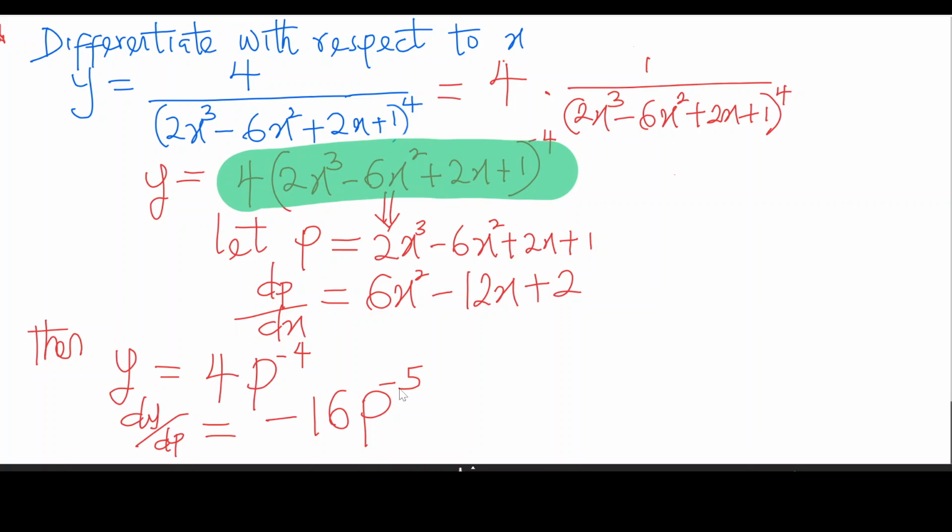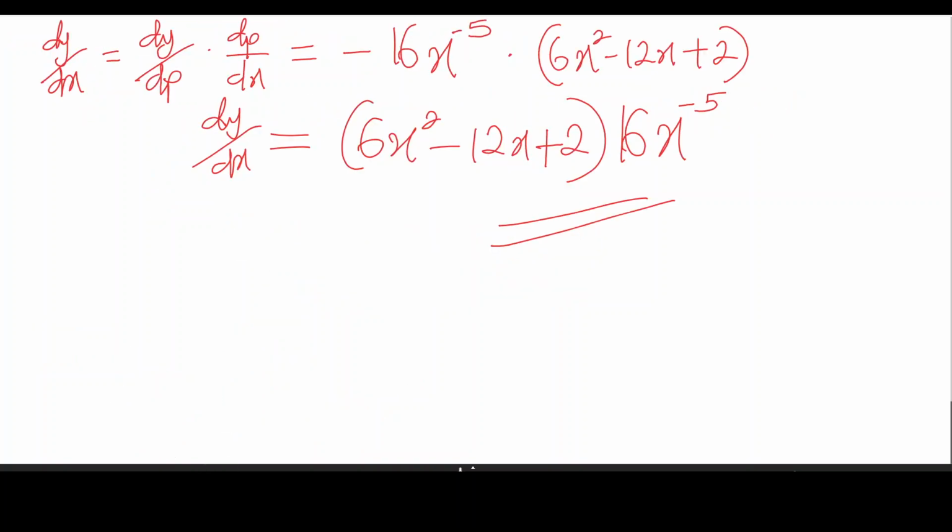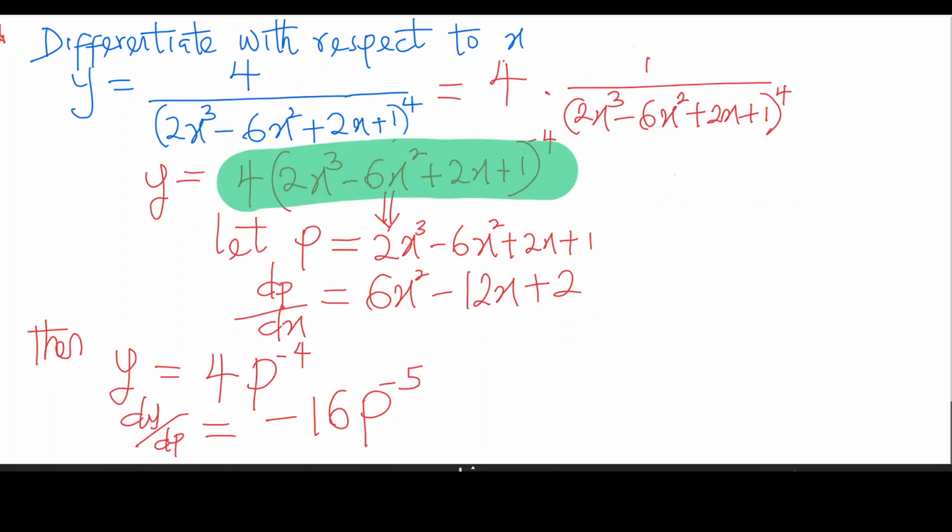To get dy/dx, all we need to do is multiply dy/dp with dp/dx. So dy/dx is going to be dy/dp multiplied by dp/dx.